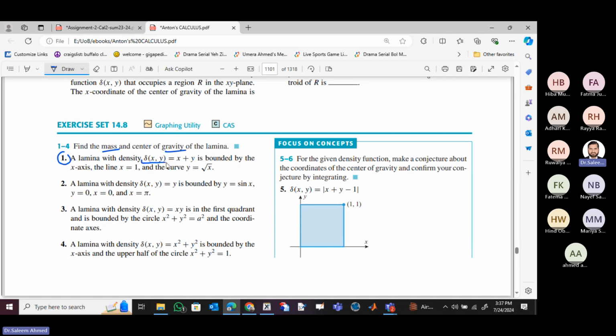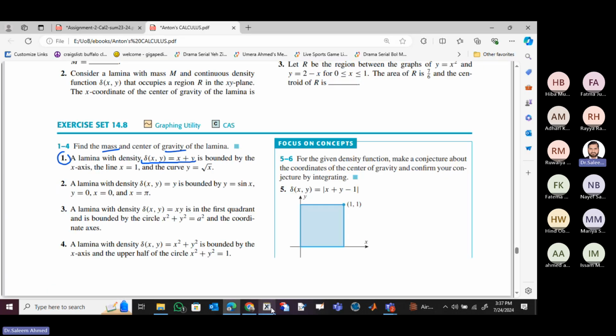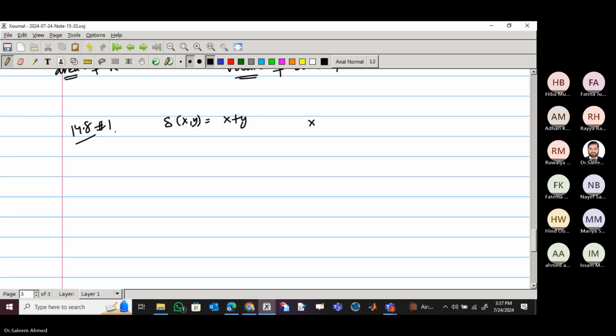See, the density function is given, with the lamina bounded by the x-axis, x equal to 1, and y equal to square root of x. So let's say 14.8 problem number 1, the density function is given, delta(x, y) is x plus y, and it is bounded by the x-axis, x equal to 1 and y equal to square root of x.